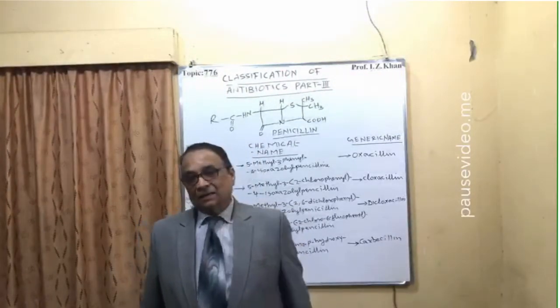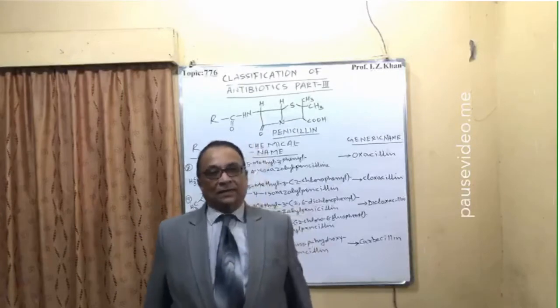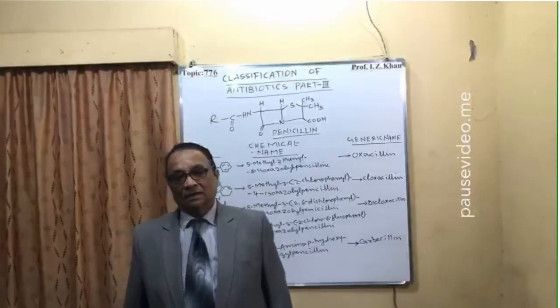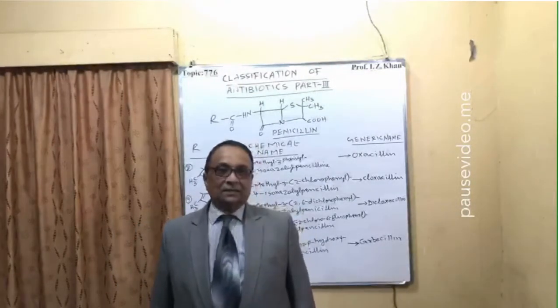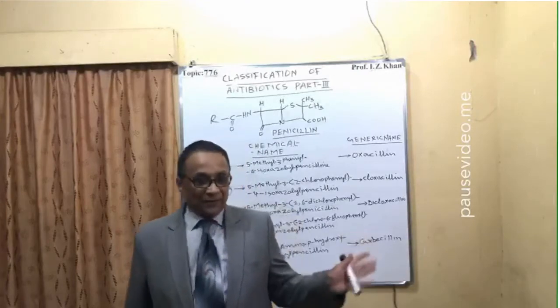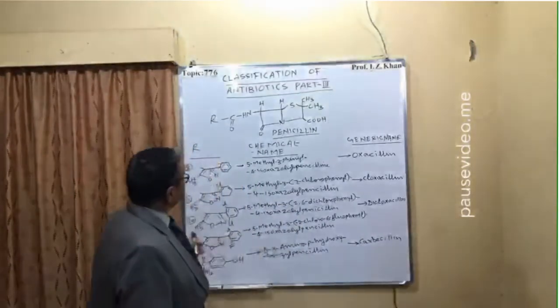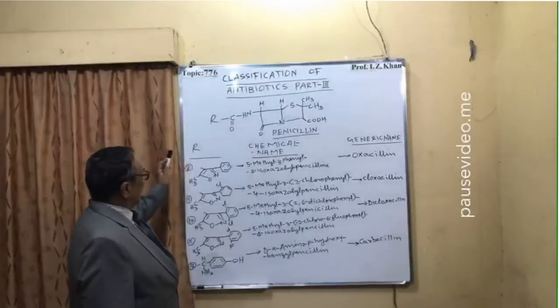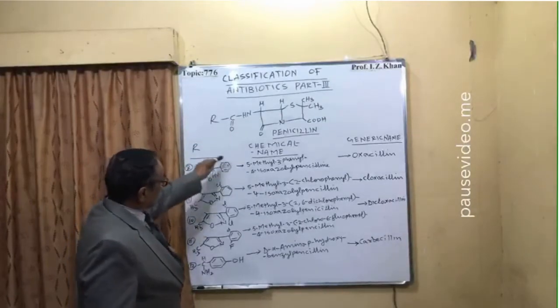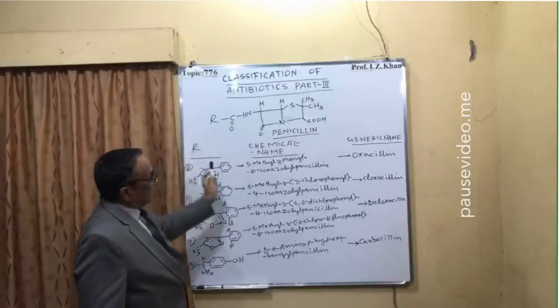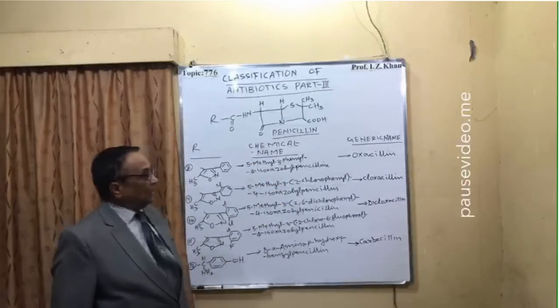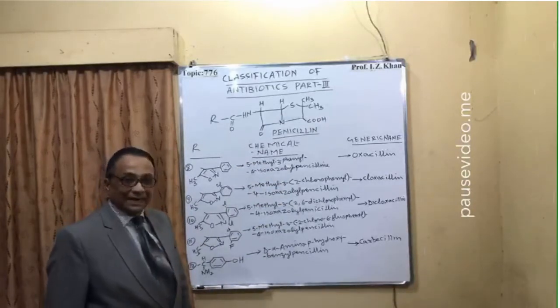Then the second grouping we will go for is the aminoglycoside antibiotics, but let me finish these ones first. So number 8 is R, and this is substituted here, and then their chemical name and generic name.